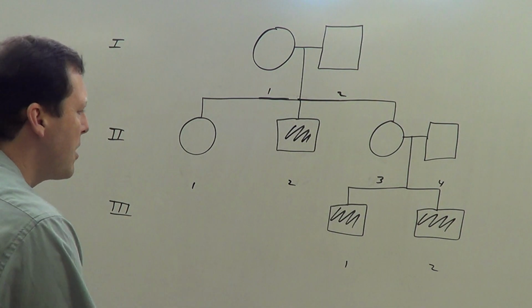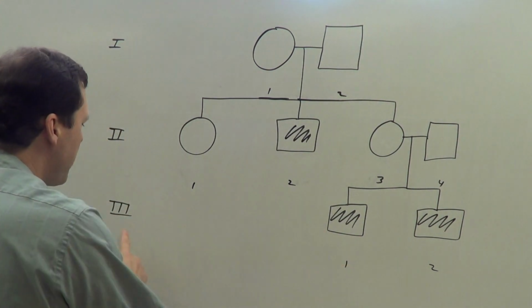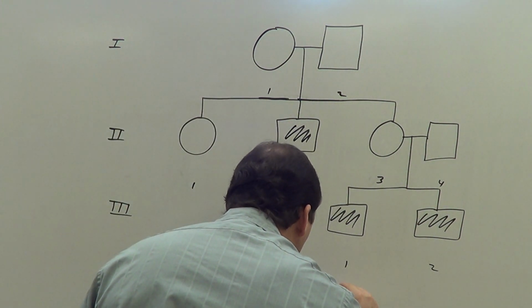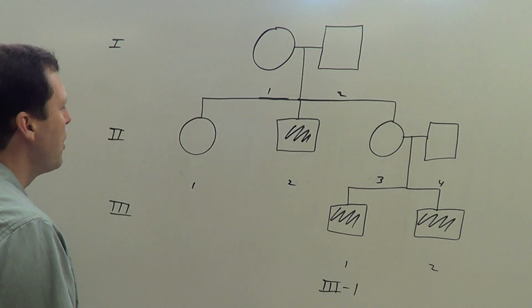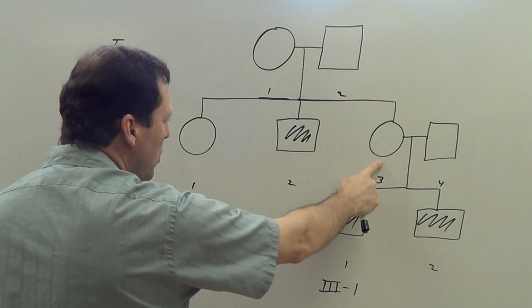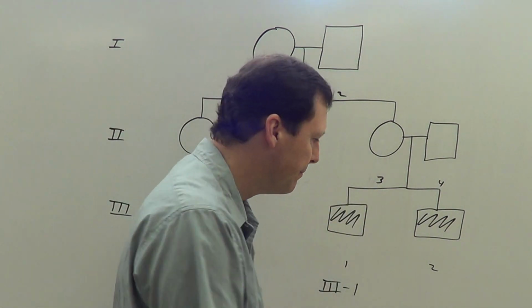If I wanted to talk about this individual, I would refer to them as 3-1. What if I wanted to refer to this individual here? Roman numeral 2-3, and so on.